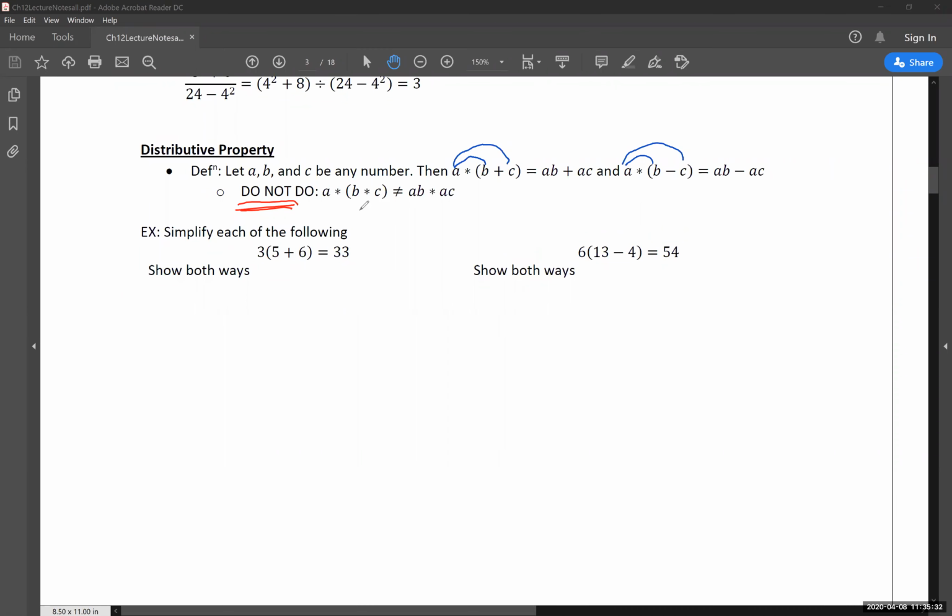This is a very, very, very common mistake that shows up, and a lot of people do this. So the distributive property works only when I have something multiplied by two things adding or subtracting together. If you're using it in any other scenario where we have things multiplying or dividing, you are using it incorrectly. So make a note of this for yourself if you're going through the work and you're thinking, well, I should probably distribute this. Not in this scenario. Okay?